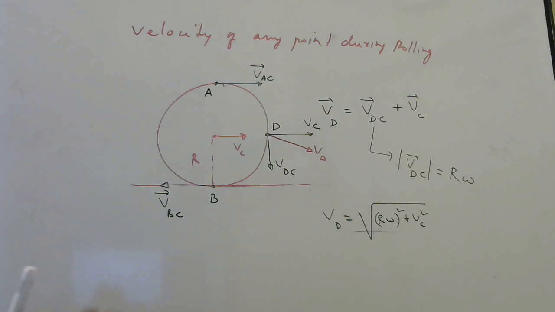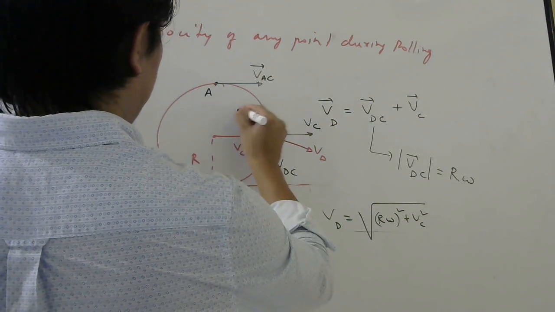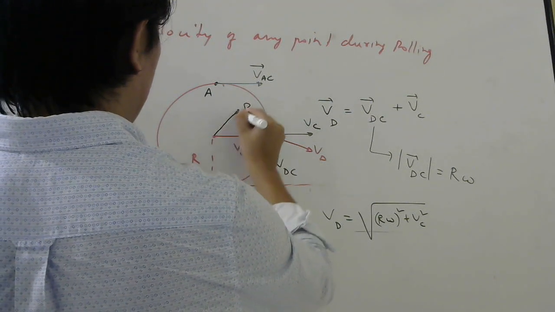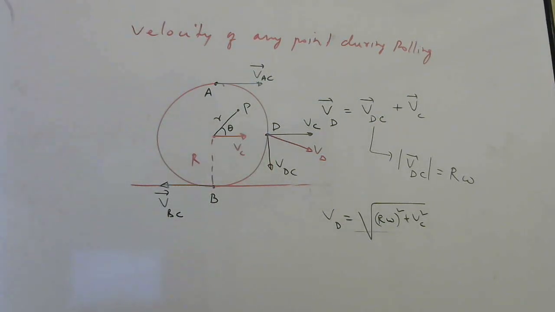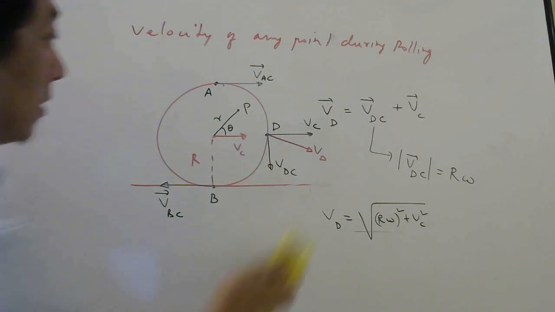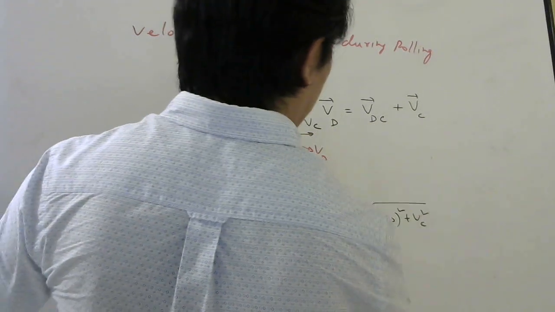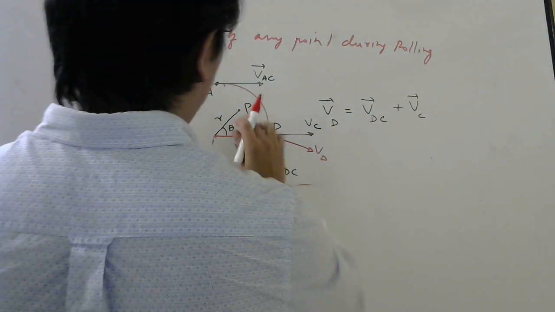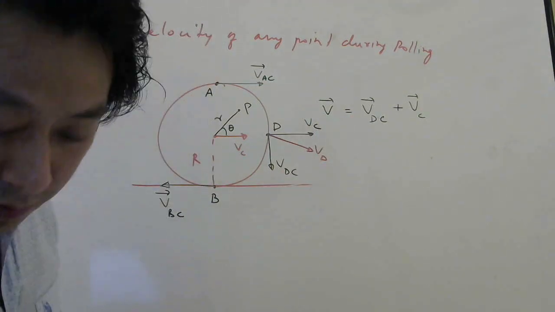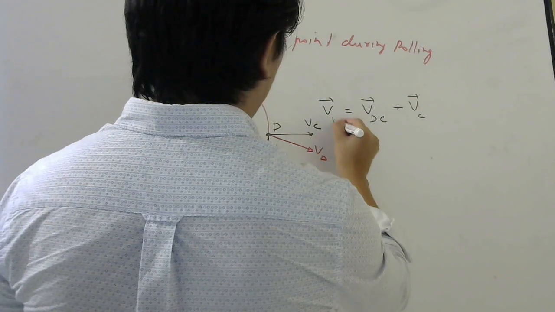Okay. Now let me take some random point here, P, which is at a distance r and angle theta. I want the velocity of this point P. So if I want the velocity of this point P, what will I do?